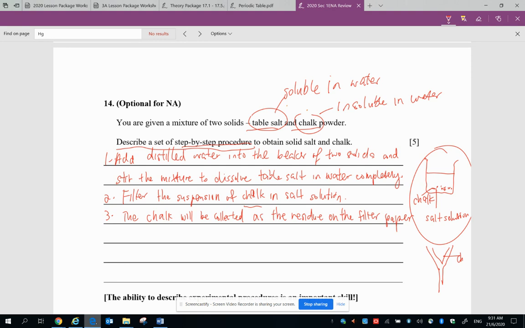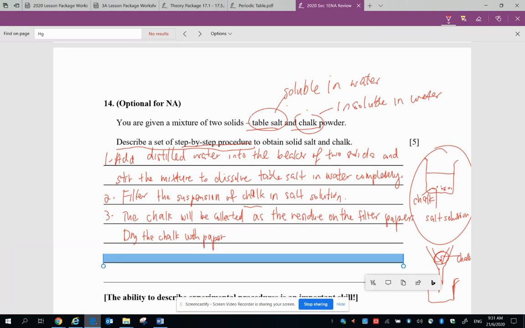This is the chalk. Now you have separated the chalk already, so you can dry the chalk with paper to obtain the chalk.